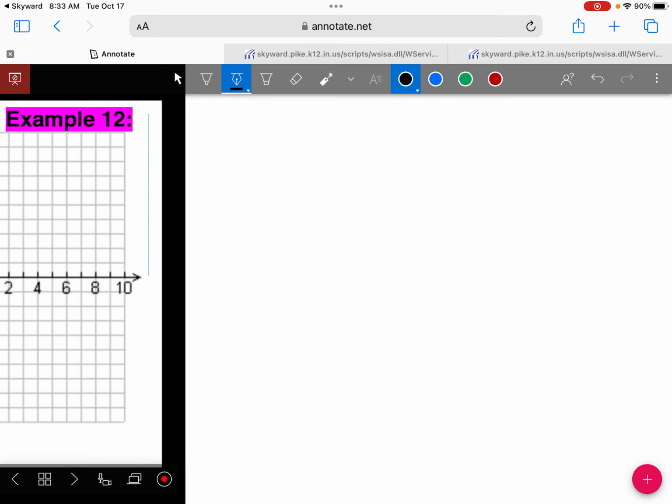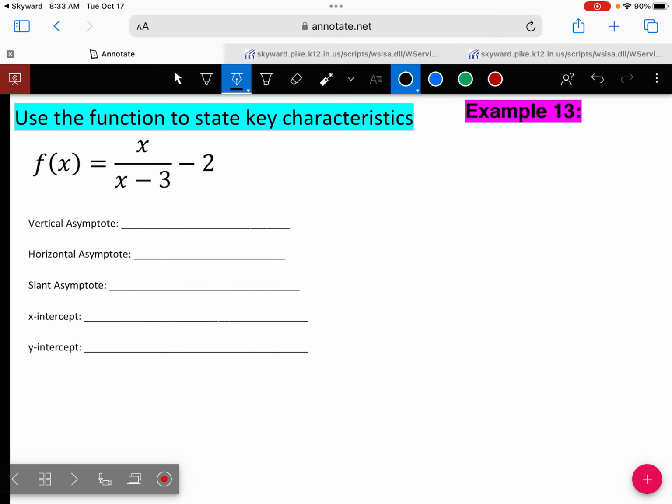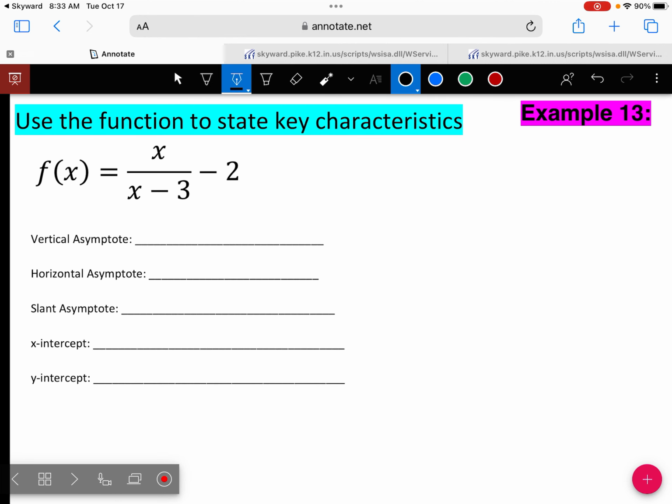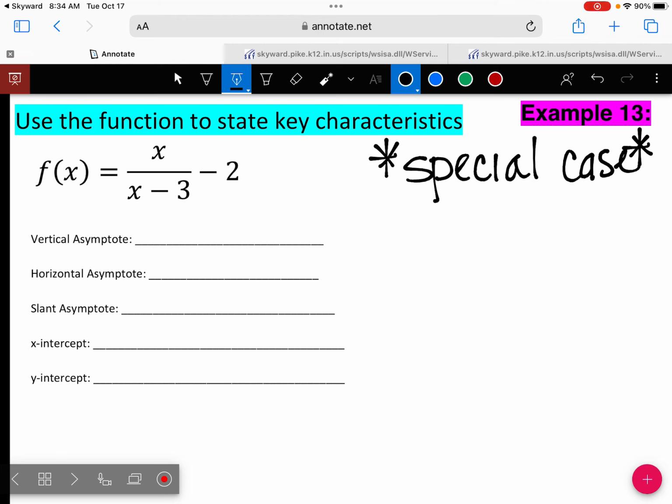When we look at number 13, this is what we call a special case because it's not just one fraction. So we have to treat things a little differently. When it's a special case, that affects the horizontal asymptote, and you have to treat your x-intercepts differently.